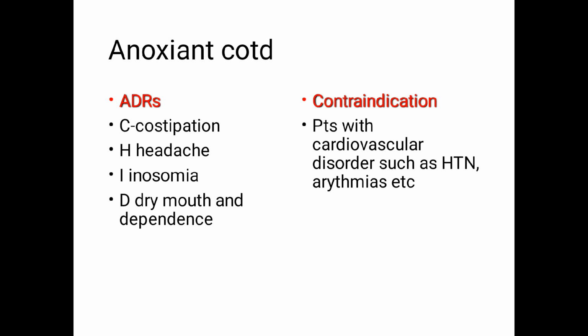Now, adverse effects of the use of anorexants include constipation, headache, insomnia, dry mouth, and dependence. Contraindications include cardiovascular disorders such as hypertension, arrhythmia, etc., so we should avoid it in those patients.